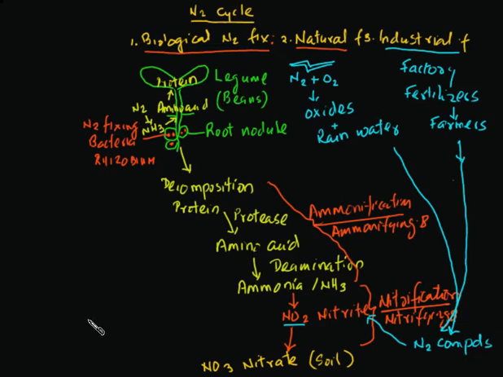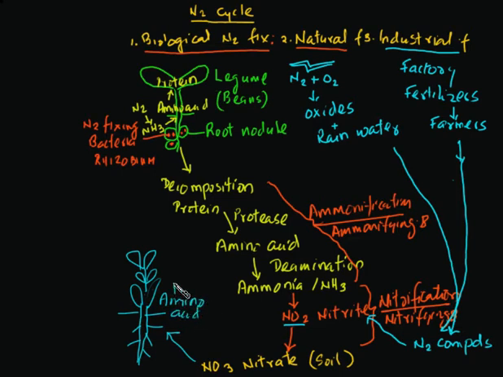What's the use of these nitrate ions? These nitrate ions are absorbed by another group of plants. These plants do not have root nodules. They need these nitrate ions to form amino acids.